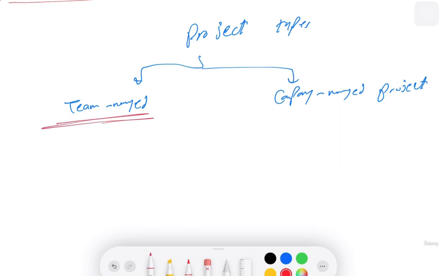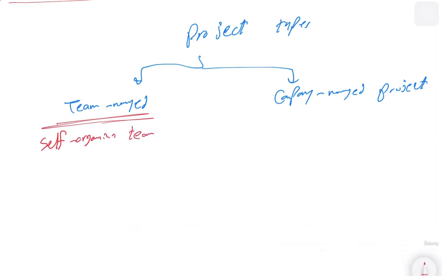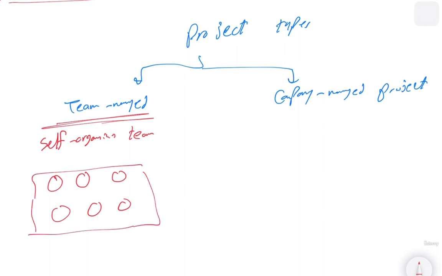In team managed projects, we have a self-organizing team. So this is mostly a small team which consists, for example, of 6 persons, and the team is responsible for managing everything. In company managed projects, we have a person who is responsible for managing the projects, which is the Jira administrator.